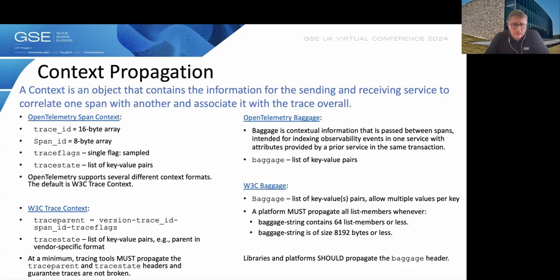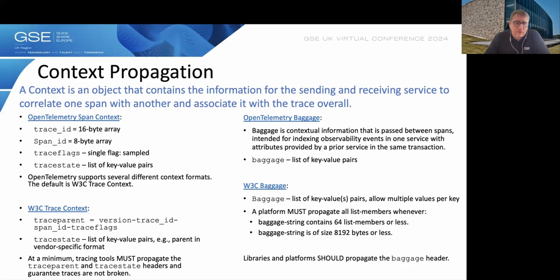And then when we just take the trace context specification, that can be of a certain size, up to 512 bytes. For baggage, and that is then an additional way of associating key value pairs to the context, we have more data space available to define this context. And also the key value pairs, they allow additional attributes to be associated with those pairs so that additional information can be passed.